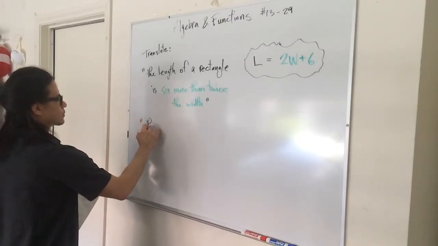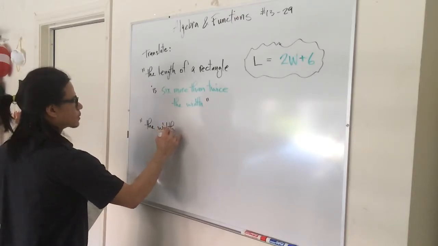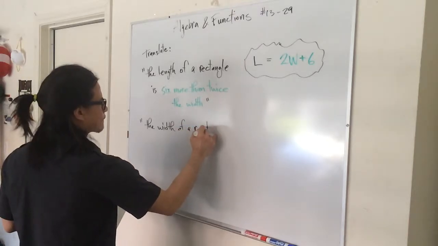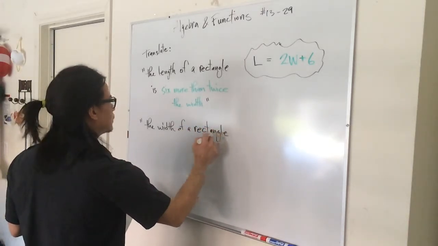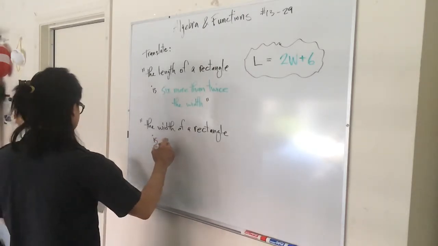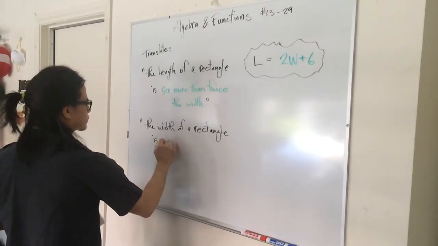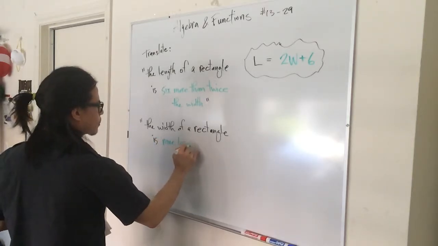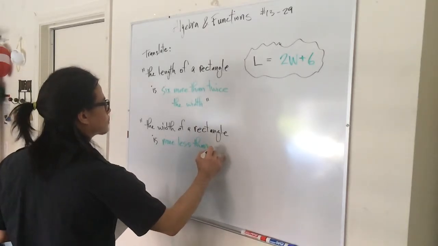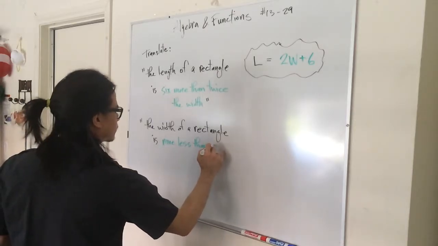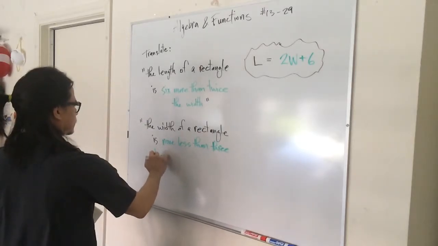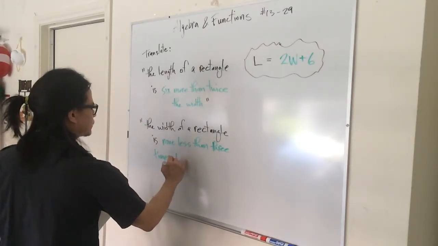Now let's say the width of a rectangle is 9 less than 3 times the length. Three times the length.